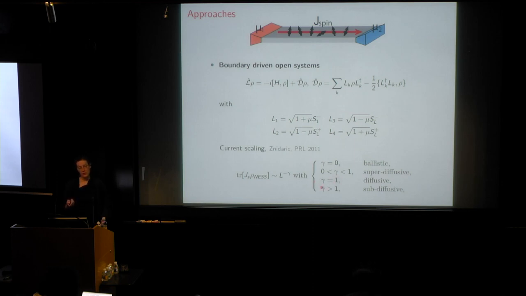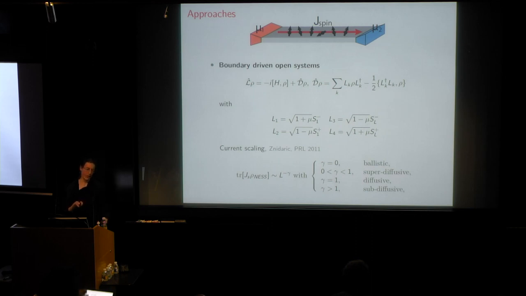For diffusive transport, instead, the current should scale as 1 over L. And in between, you can also detect superdiffusive regimes. This approach was really pioneered by Marko Žnidarič, who is also here in the audience.